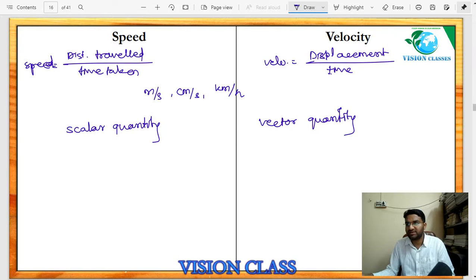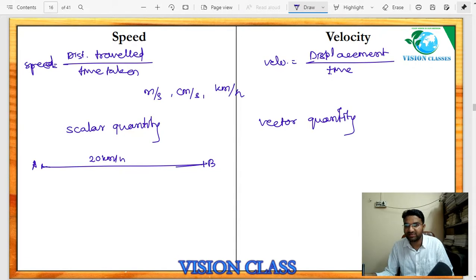Now there is one more major difference: speed is the distance traveled. Let's say going from A to B the speed is 20 kilometers per hour, and coming back it is again, let's say, 25 kilometers per hour.